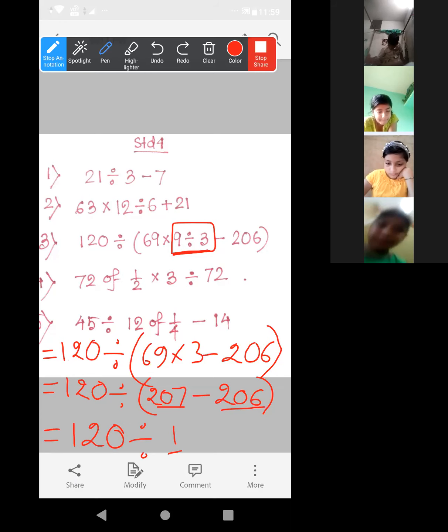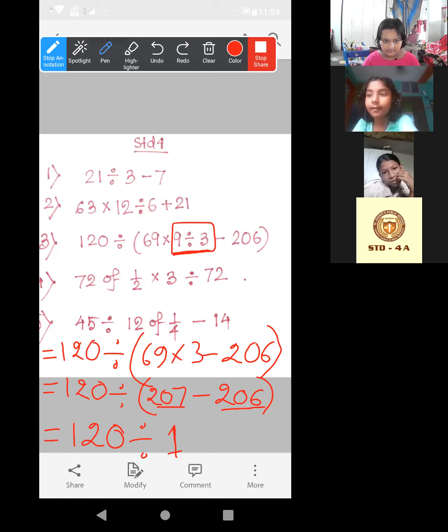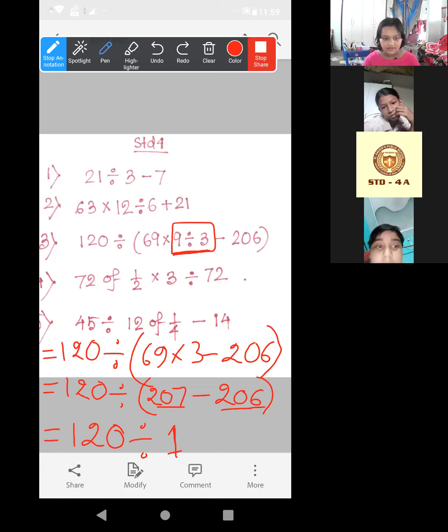What will be this? 1. But, ma'am, 120 divided by 1, what is the answer? 120. This one is very easy. If we divide any number by 1, then we'll get that number back.